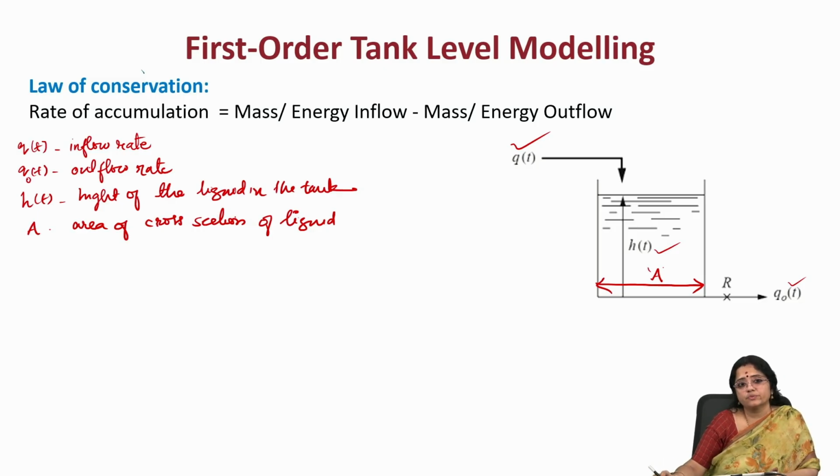While regulating the liquid, we also have to look at the area of cross section of the liquid at different heights, the height of the liquid in the tank, and the other two parameters, inflow and outflow.